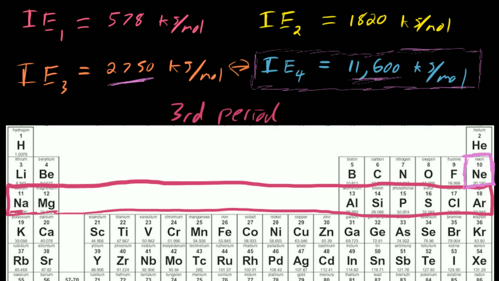So you can think that this 4th ionization is when we went from having a noble gas-like, or neon-like, electron configuration to having a fluorine-like configuration. So instead of having 8 valence electrons, we now have 7 valence electrons. So this is going to be our 4th ionization energy.